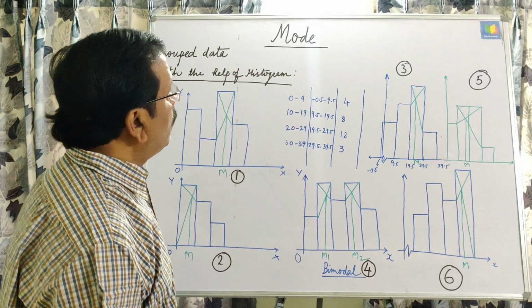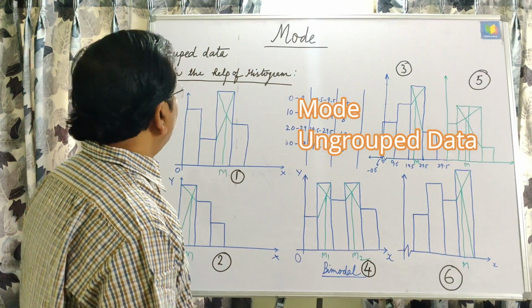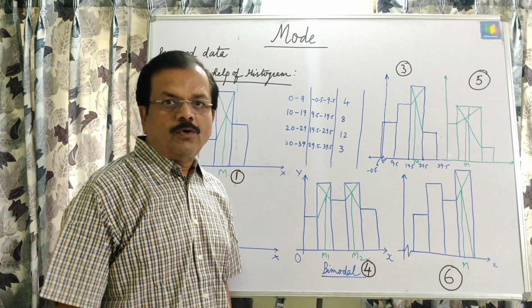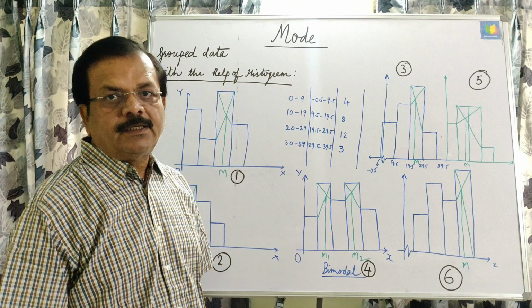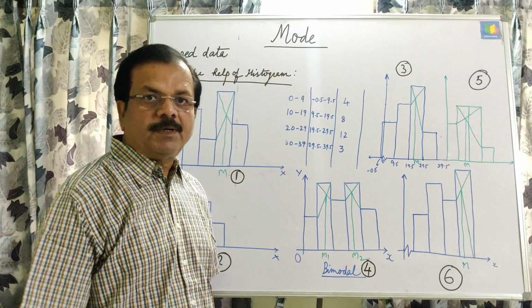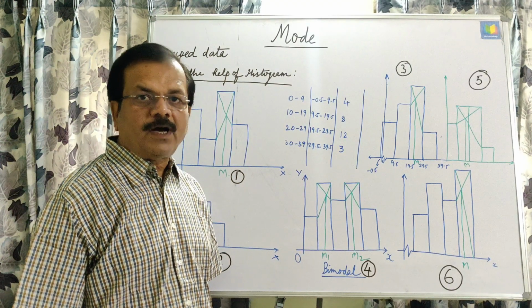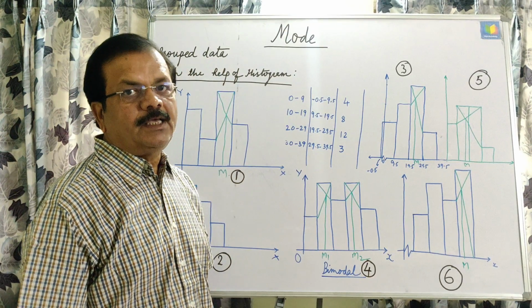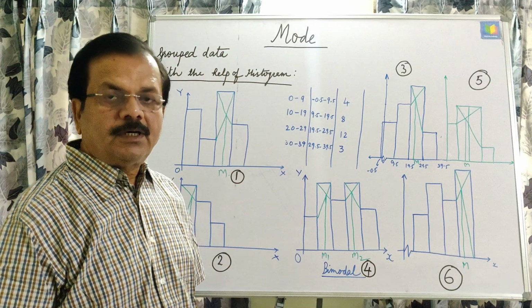Before this we already studied how to find mode in case of ungrouped data. Mode is the variate which occurs the maximum number of times. In case of ungrouped data, by observing we were able to say which one will be the mode.